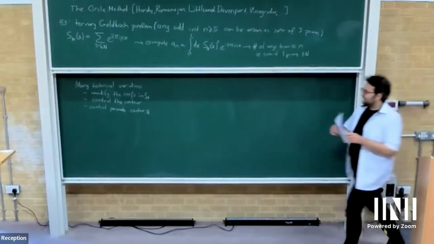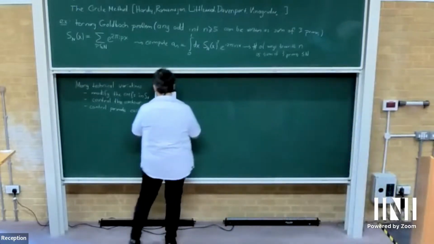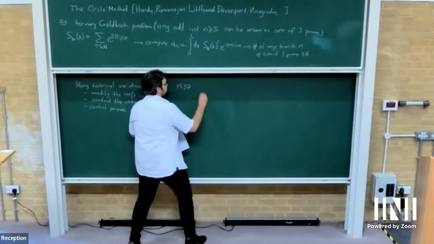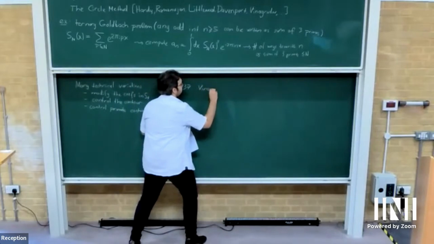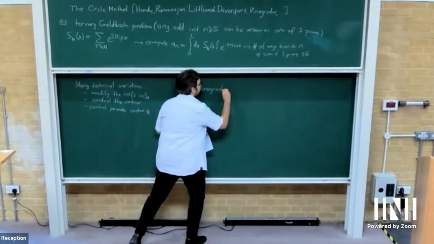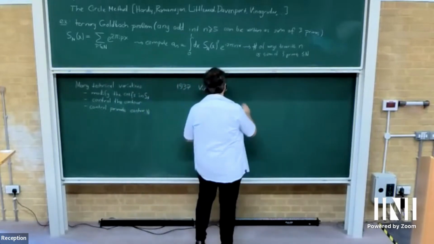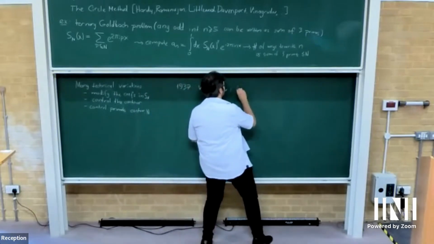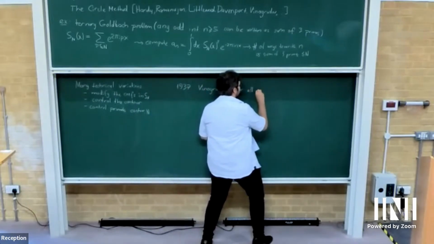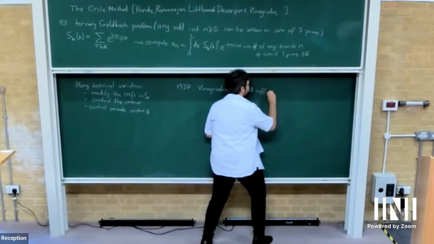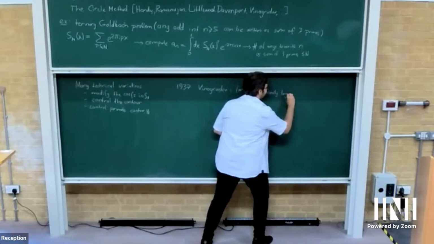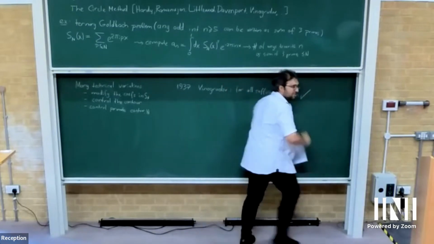Going into that, yes. So let me mention that. Already in 1937, Vinogradov, using such analytic number theoretical methods, showed that this statement holds for all sufficiently large n. That's great news.